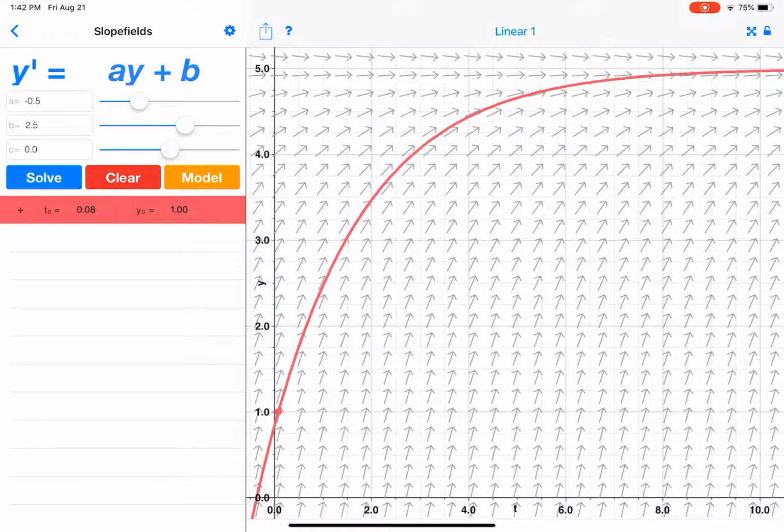That is because the slope field is giving the slope of the tangent line to the solution at every point y and t. So the solution follows the slopes. So we could ask the question, can we come up with an approximate solution to the differential equation by just following the slopes?